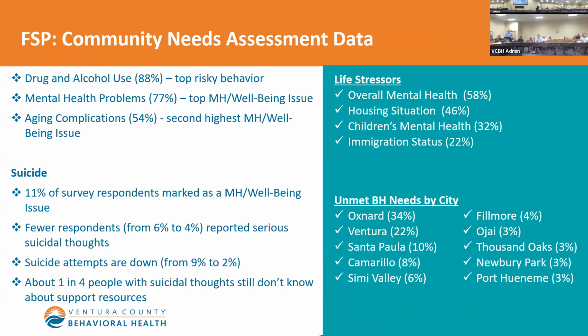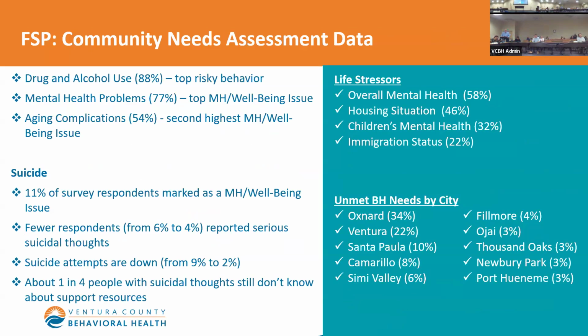Right, so we have some data here of what are some really risky behaviors? The top one is drug and alcohol use, 88%, right? The top mental health and well-being issue was mental health problems. One of the higher reported ones was aging complications, right? So as I get older, that exacerbates and complicates the types of services and needs that I require.